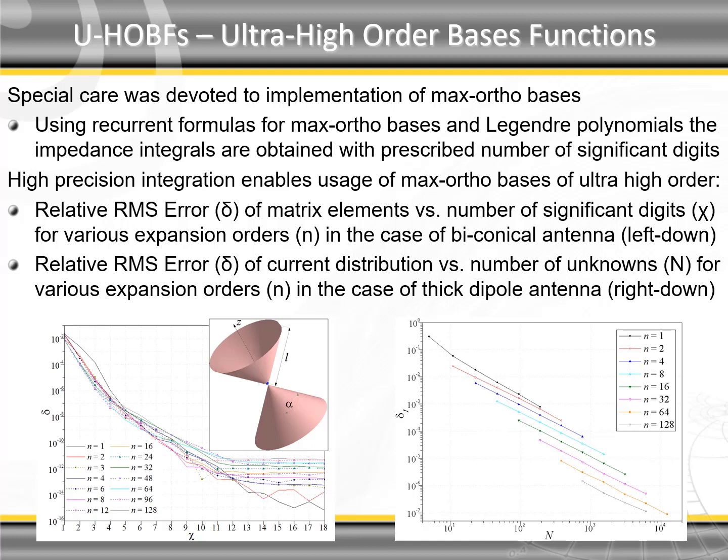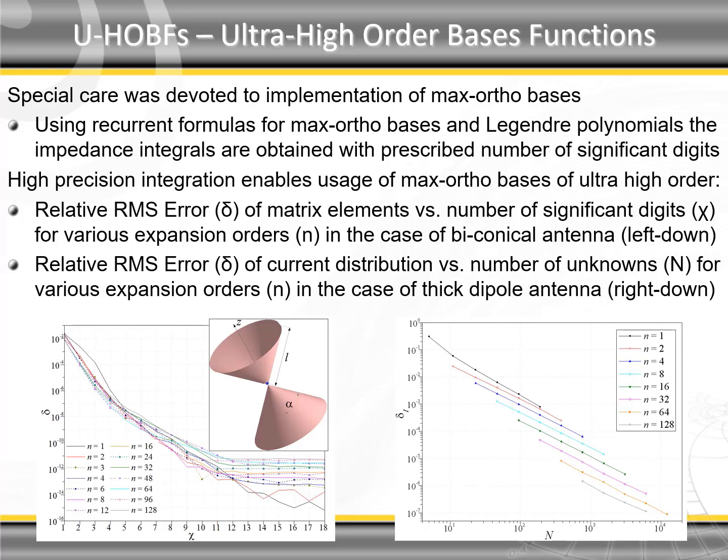Special care was devoted to implementation of max-ortho basis. Using recurrent formulas for max-ortho basis and Legendre polynomials, the impedance integrals are obtained with prescribed number of significant digits. High-precision integration enables usage of max-ortho basis of ultra-high order, as demonstrated on the following examples. In the case of biconical antenna, relative root mean square error of matrix elements versus number of significant digits for varying expansion orders is shown left.